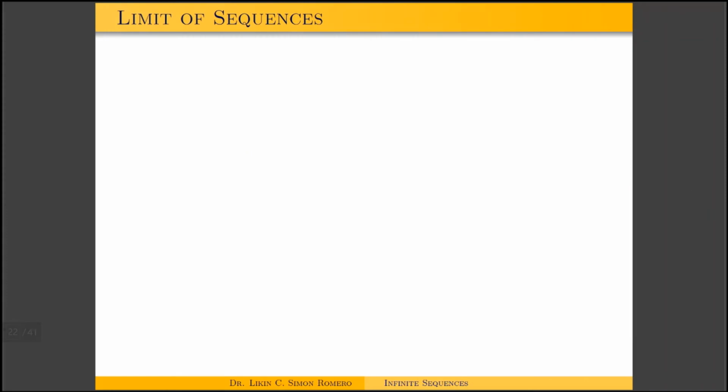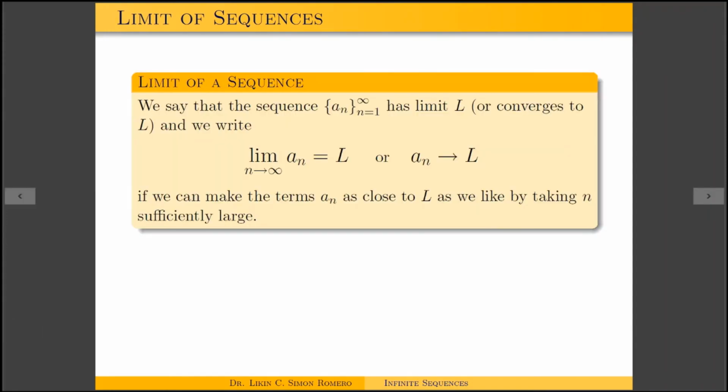All right, so I want to talk about the limit of a sequence here. When we talk about the limit of a sequence, you can see the notation that we use here. A sequence has a limit L. The notation for this is the limit as n goes to infinity of a of n equals L, or just a of n approaches L. And here L is a number.